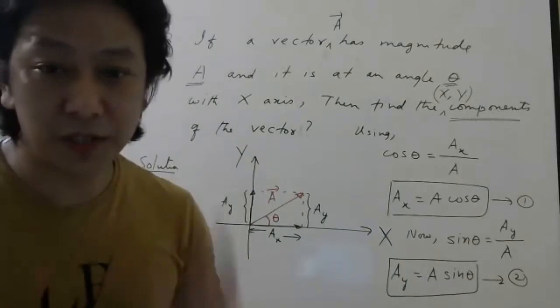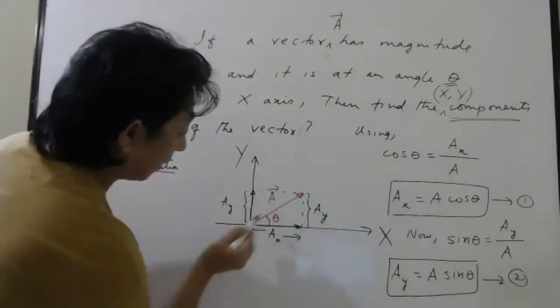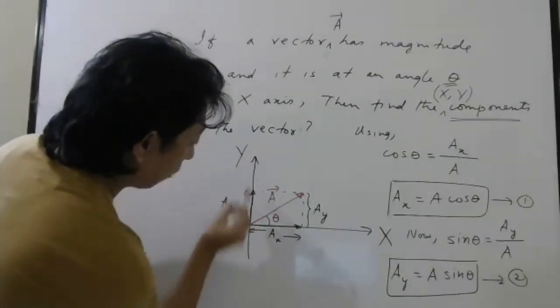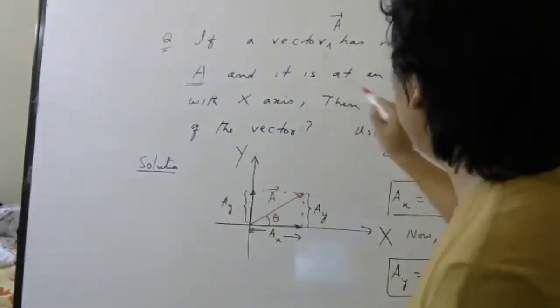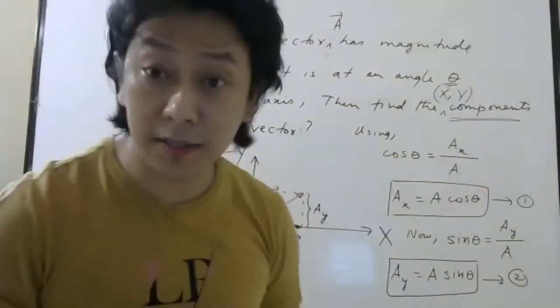Okay, one question for all of you. Suppose they say the vector is making angle theta with y-axis. In this question, theta was what? Angle made by the vector with x-axis. In exam, they may say y-axis also.